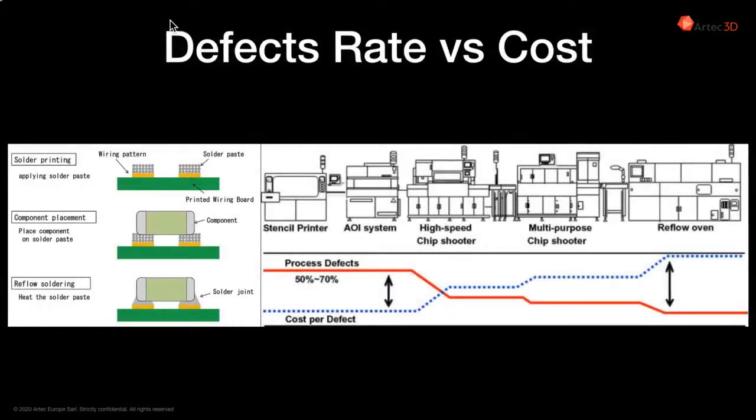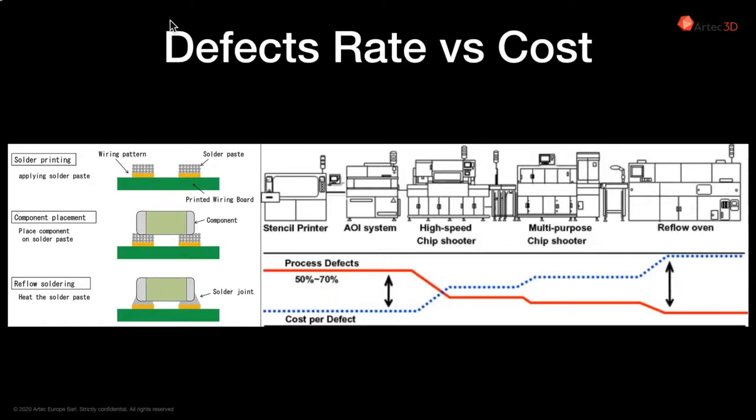So the cost of the defect grows the longer you don't see it. Most of the defects appear during the stencil printing, and it's easy to fix because you apply the solder paste, you can wash it away and start again, no problem.